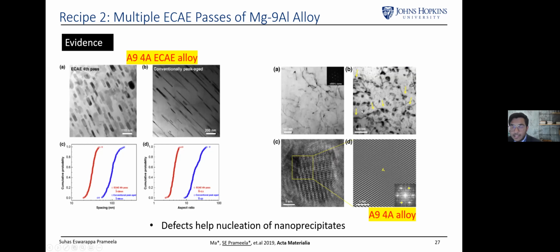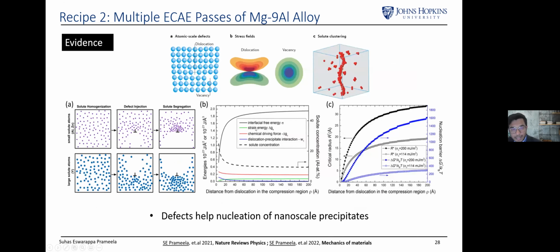And obviously you can see that some of these dislocations are also participating in some of the nucleation events. We looked at this very carefully, and this work has been published in Acta and a few other papers, where we showed that this dislocation was essentially gathering some of these solute atoms, and that was reducing the nucleation barrier, and subsequently it was making it easier for the precipitation to occur.